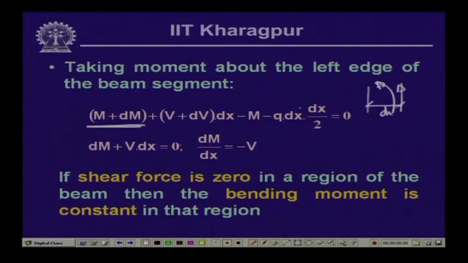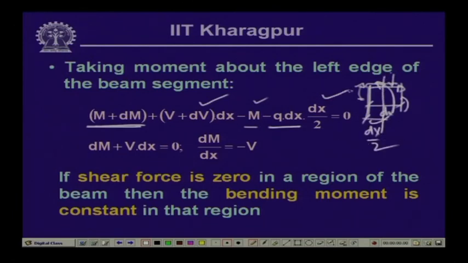So, (V plus dV) dx is also causing an anticlockwise moment, which is positive, minus on the left hand side we have a clockwise moment, which is minus M, and the load q over the length dx is causing again a clockwise moment with respect to the left face, which is q times dx, the total load, times half the distance, which is dx/2.